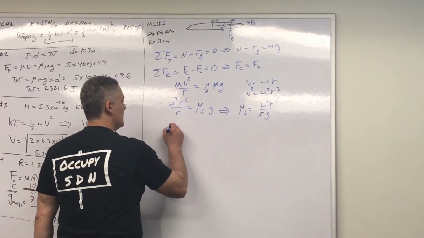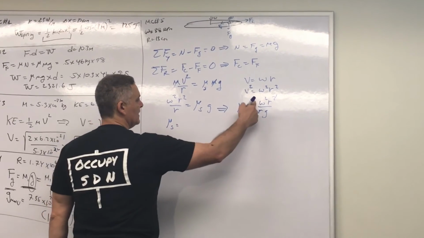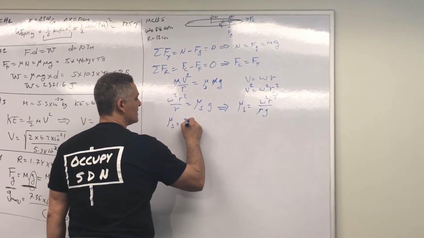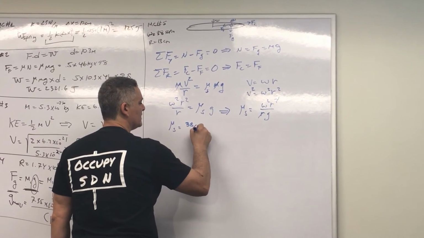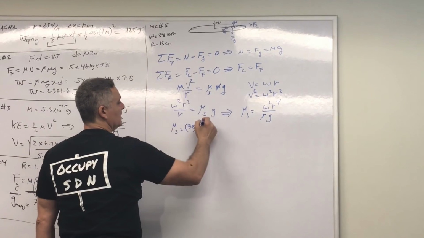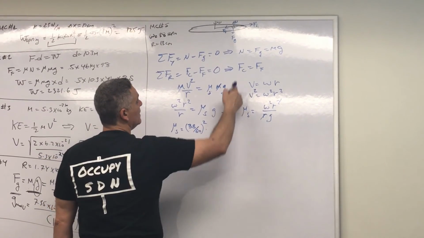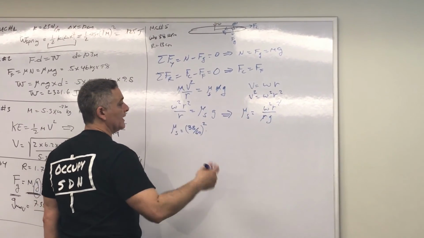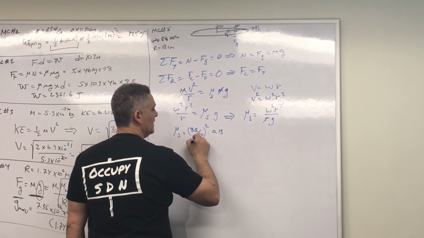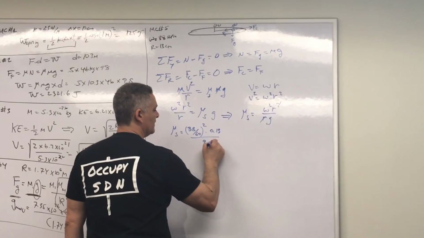So our mu s is going to be, this is 38 RPM, revolutions per minute, so it's 38 divided by 60, because there are 60 seconds in a minute. That's my omega, squared, times r. R is 13 centimeters, but we want that in meters, so it's 0.13, divided by 9.8.